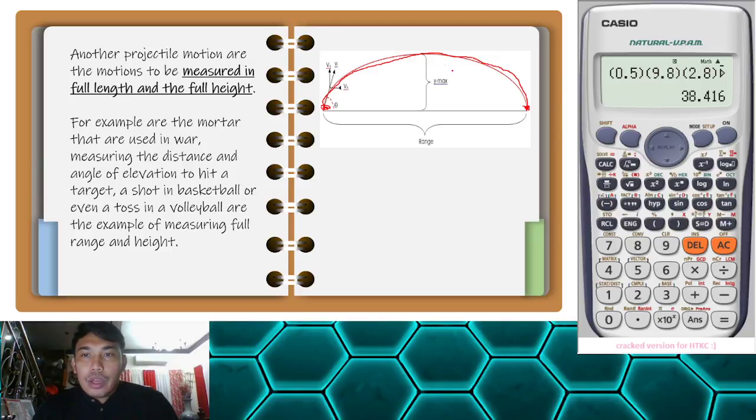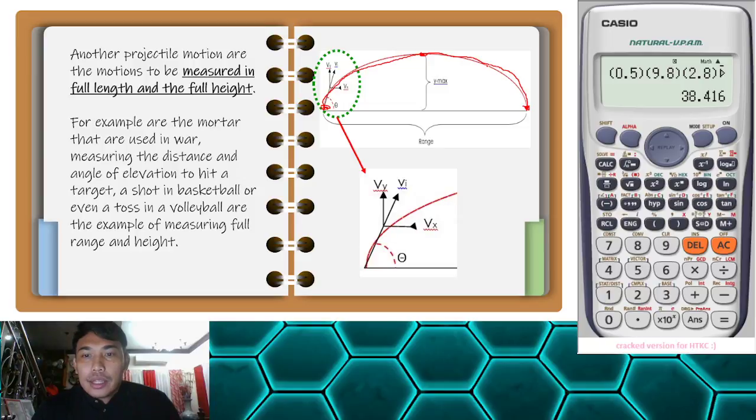So we have here the y max in the middle, because every time the object travels, when it reaches its peak, it is always in the middle. That is the position of y max in our trajectory. When we zoom out here, we can see that there are two components of our initial velocity.